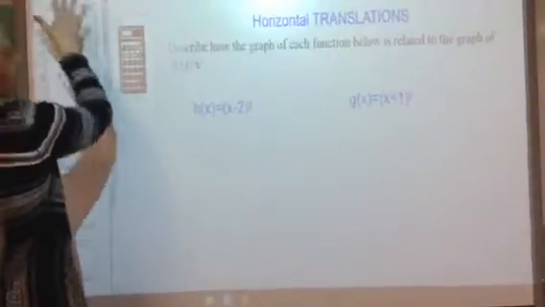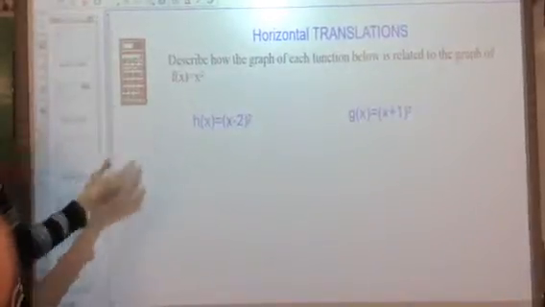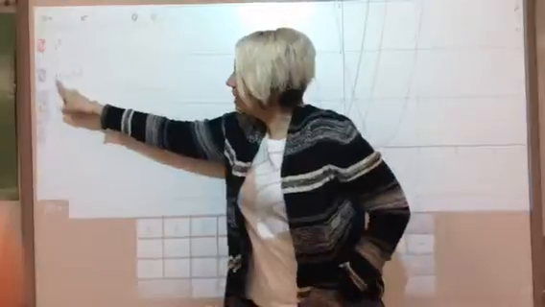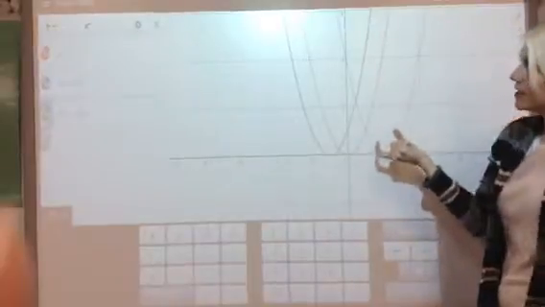All right, now let's look at the next, which is a horizontal translation. So this is what you're going to see: movement left and movement right. So I went ahead and graphed all 3 functions. So the red is my x squared. Now look at this function. It's parenthesis x minus 2 parenthesis squared. If I subtract in the base, what's going to happen?